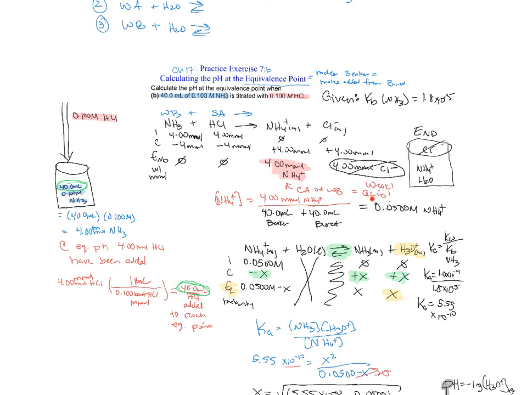It does make the solution acidic. To get the pH of a weak acid, we have to first get the molarity. So the millimoles in the beaker at the equivalence point, divided by the mLs of the solution in the beaker when you started, plus the volume of whatever was added from the burette. So the molarity of my ammonium is indeed 0.0500 molar.